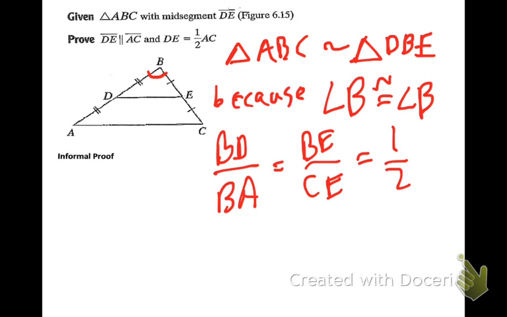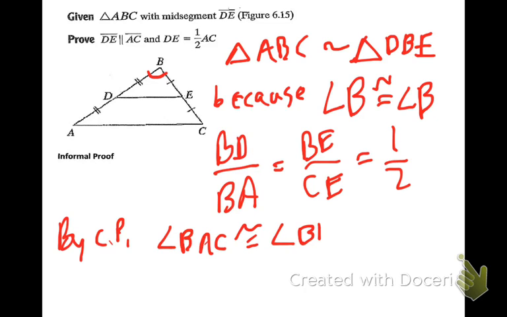Then by corresponding parts, angle BAC is going to be congruent to angle BDE, because in similar triangles all the corresponding angles are the same.